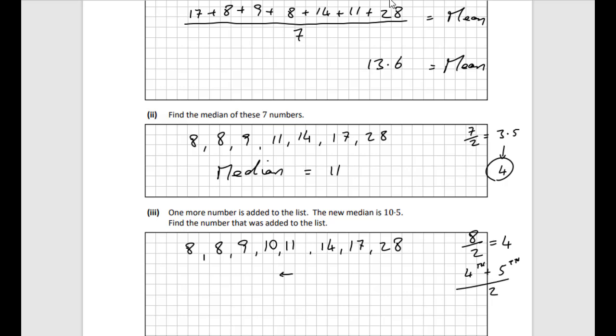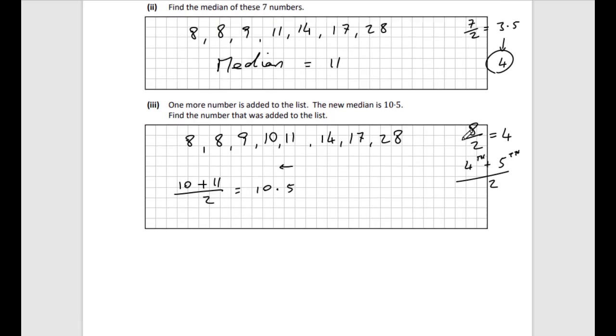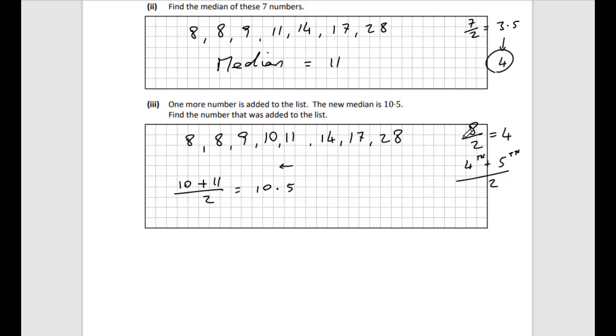So the 4th number is 10, the 5th number is 11, so you would take 10 plus 11, divide by 2, and that gives you 10.5 as the median. So the actual question here was find the number. So the answer then, in this particular case, is 10. We would add 10 to our list of numbers in that position there.